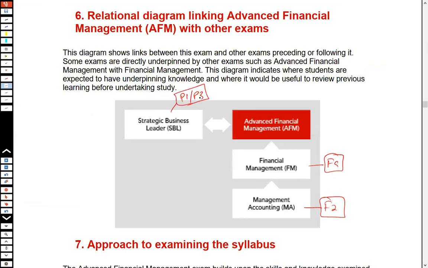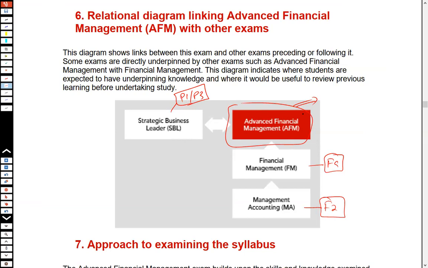if I talk about the advanced financial management, I personally think if I had been on the ACCA's board of directors, I would have given a strong recommendation to make it a mandatory paper. To me, it is one of those papers which makes you a complete finance professional.